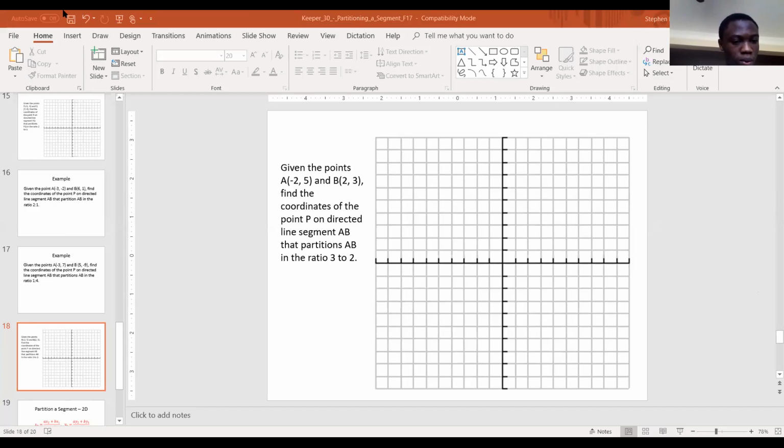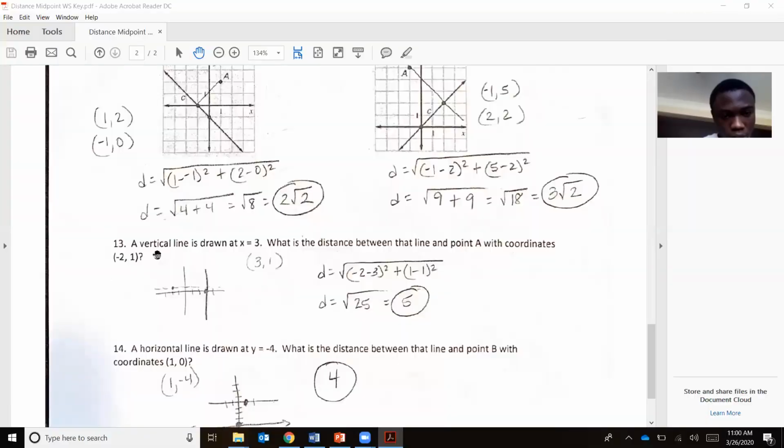So number 13. Let me look at it here. Okay, so let me share this screen. Is it this one right here? A vertical line is drawn at x equals 3. What is the distance between that line and point A with coordinates -2, 1?